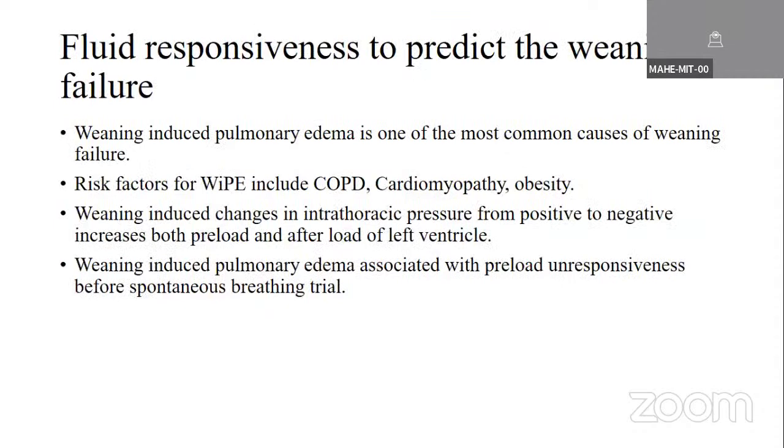The fluid responsiveness to predict the weaning. Suppose in patients with pre-existing cardiac failure or cardiomyopathy who have been intubated, we can do a PLR and predict if they are in the steep portion of the Frank Starling curve, then they can tolerate weaning better than those in the flat portion of the Frank Starling curve.